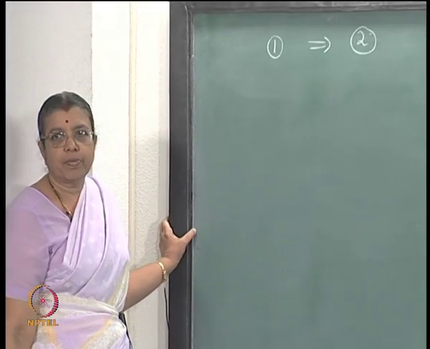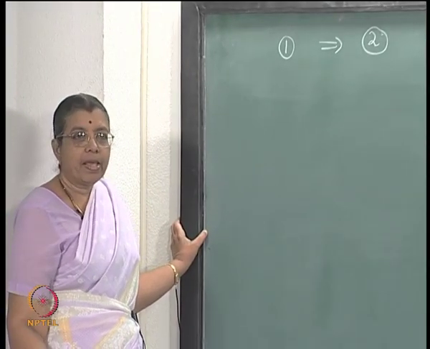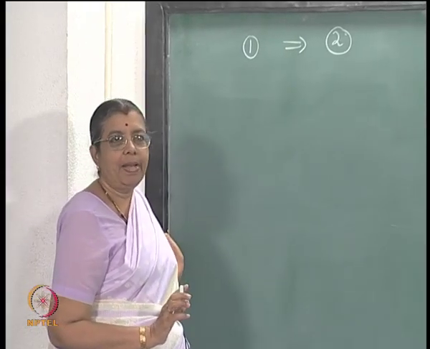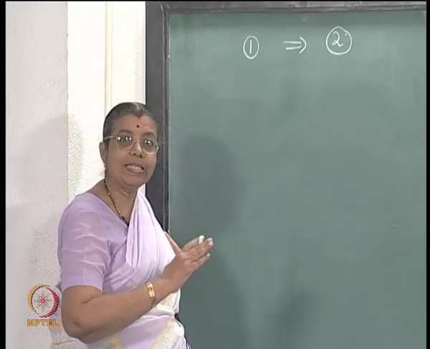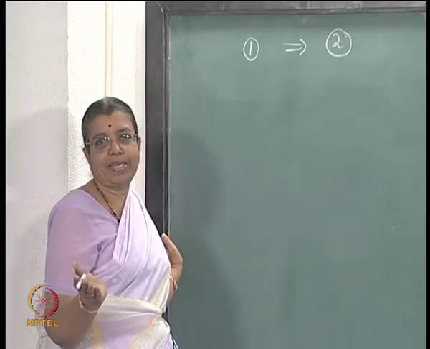First portion is 1 implies 2. Again, this idea we have seen earlier. For example, a finite state automaton has a finite amount of memory, it only distinguishes between equivalence classes of input histories, that is what we said.